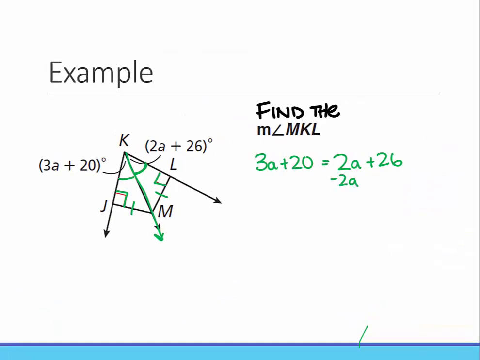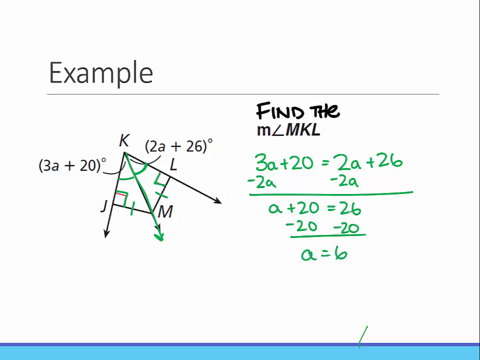So if we solve this, subtract 20, we get A is 6, and then all we've got to do is plug it back in. 2 times 6 plus 26. 12 plus 26 will give us 28 degrees.